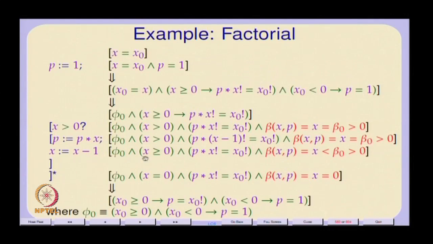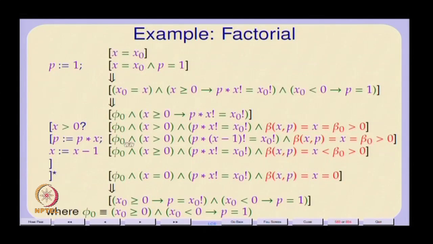This phi naught and x greater than or equal to 0 and p star x factorial equals x naught factorial is the invariant phi, and that is maintained from here to here. In between, because of these updations, the invariant gets partially destroyed and then it gets restored.